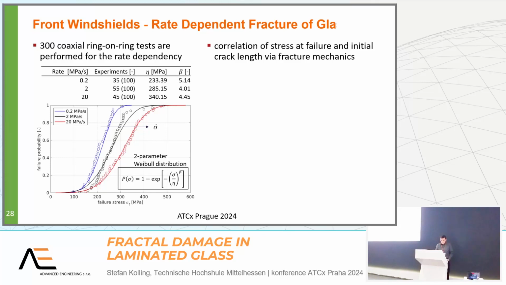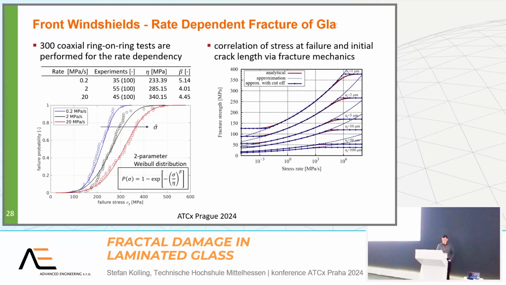So a correlation of stress at failure and initial crack length can be done via fracture mechanics. We can use these curves to detect and measure the initial crack length in a glass pane.